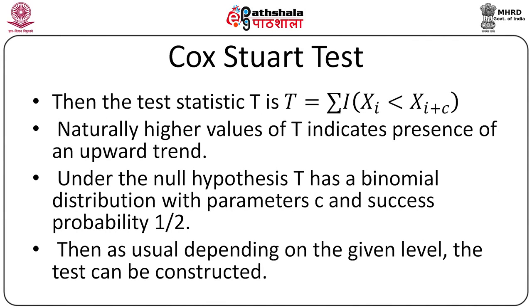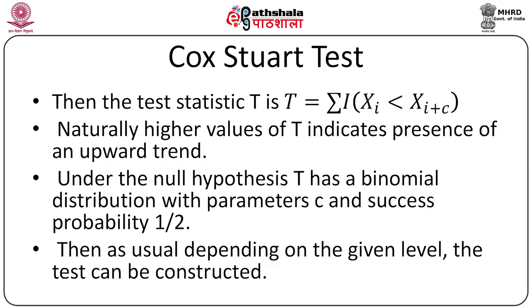Naturally, the test statistic T is the number of pairs (Xi, Xi plus c), i from 1 to c, for which Xi is less than Xi plus c. Thus, T is the sum of the indicator functions of Xi less than Xi plus c. The test statistic is nothing but the sign test statistic based on the differences Xi plus c minus Xi, i from 1 to c.